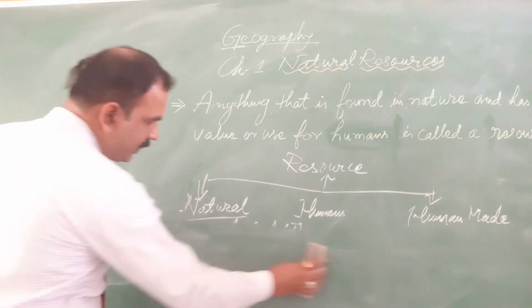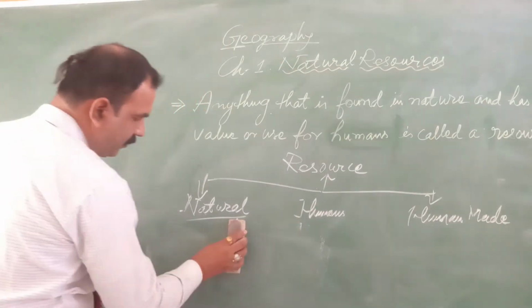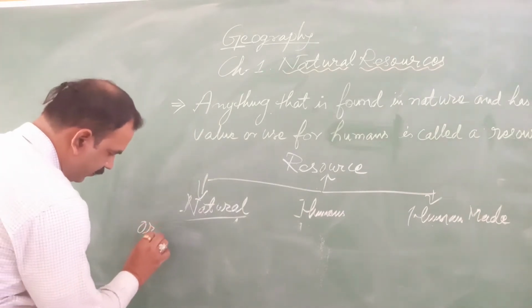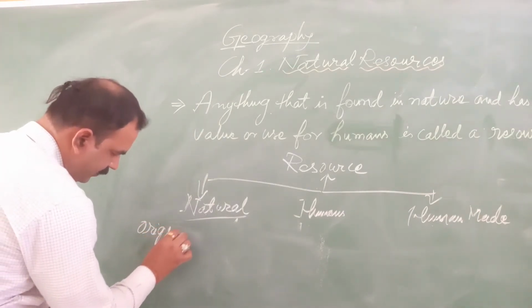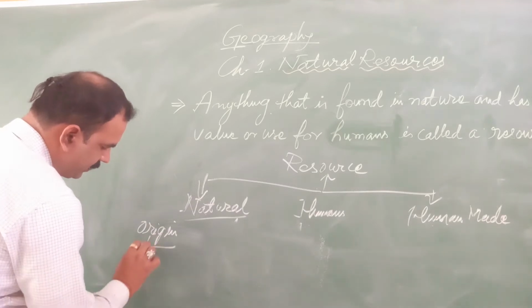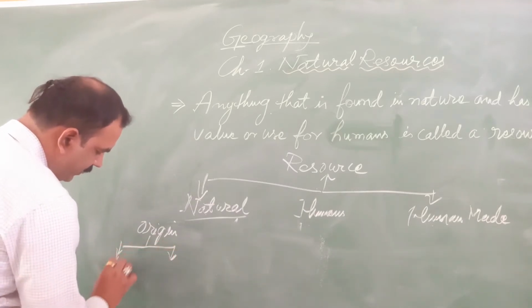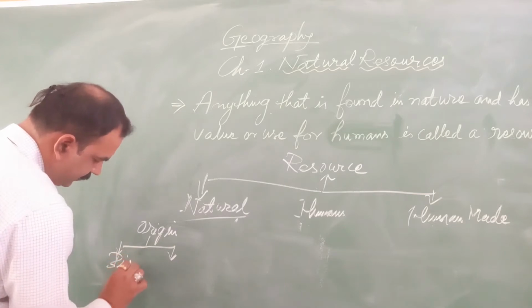So my dear students, on the basis of origin, there are two kinds of resources, biotic and abiotic.